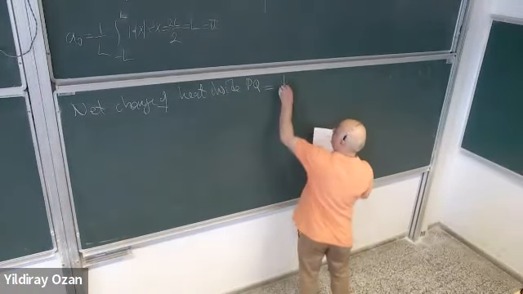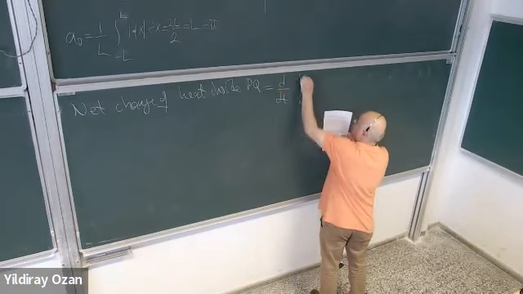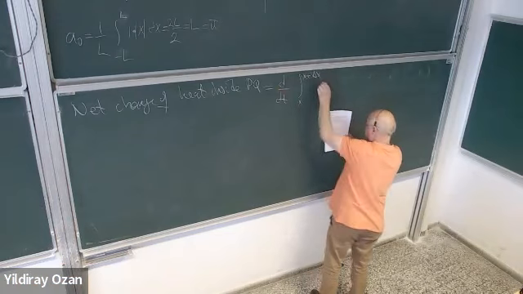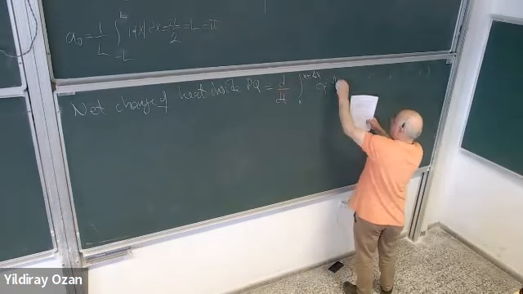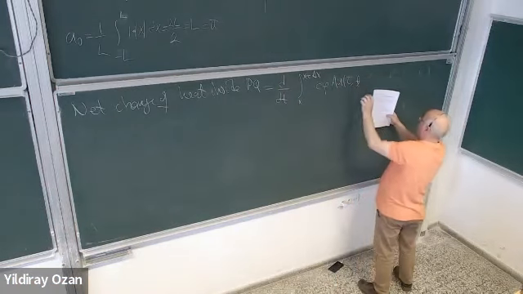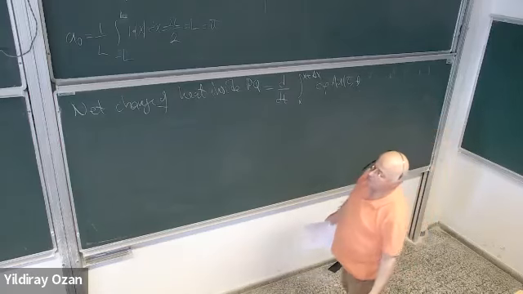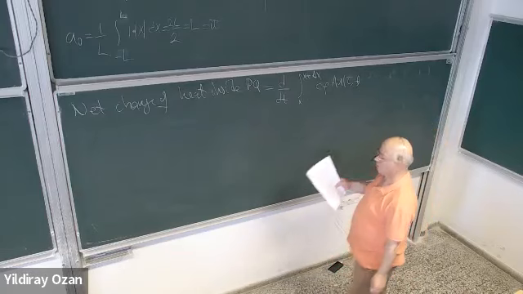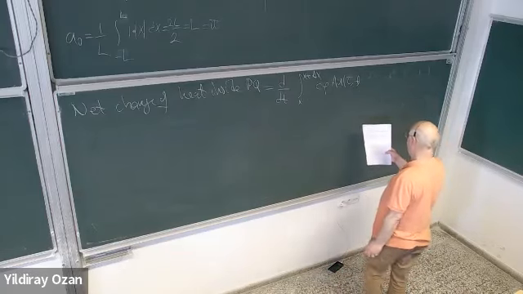So it is just d over dt, integral from x to x plus delta x, d tau.